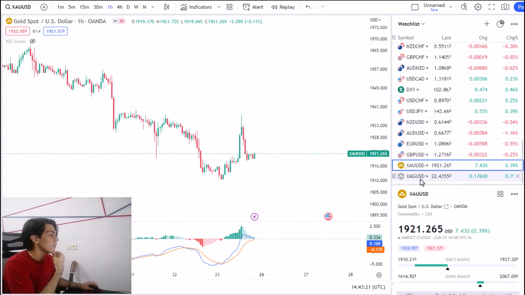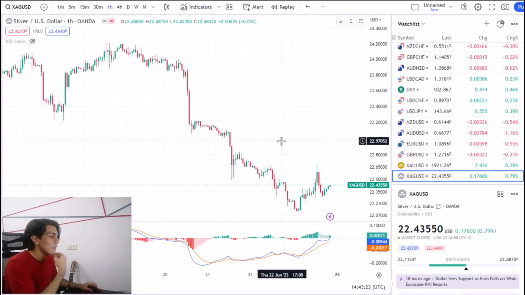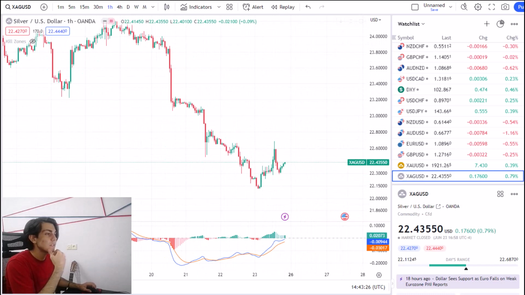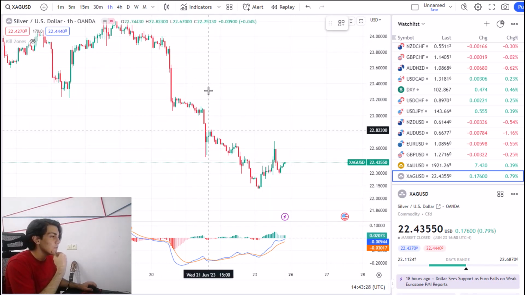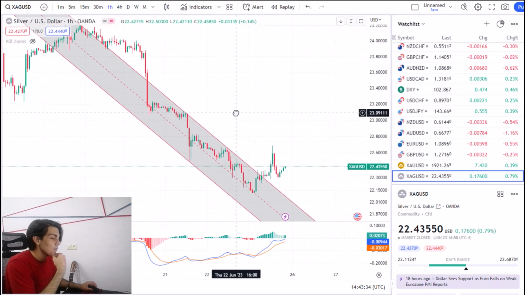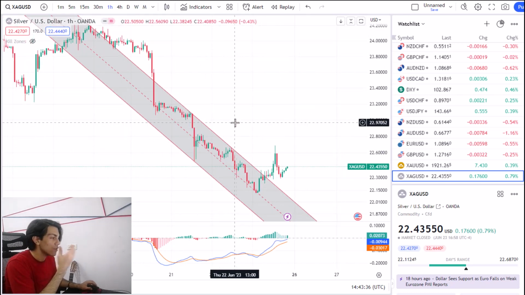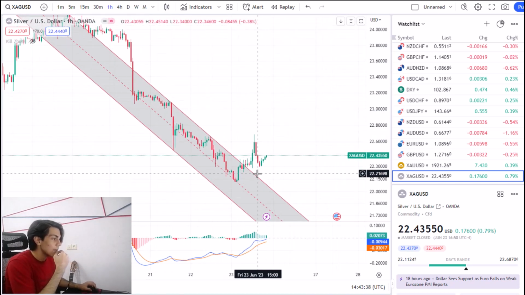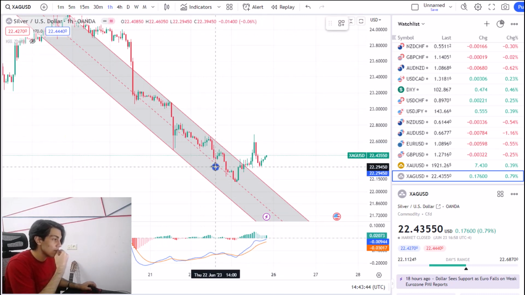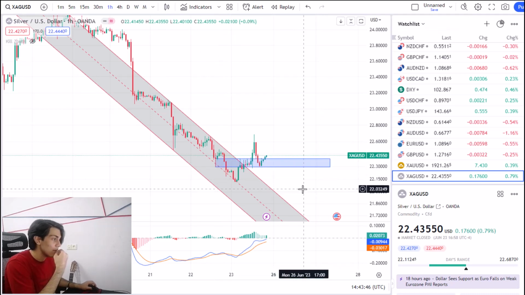Okay, let's head to another one, XAGUSD. The same scenario happens to be true here as well. Another thing that I'm seeing here is another channel that is doing its work right here. There is a support below it, which is completely obvious.